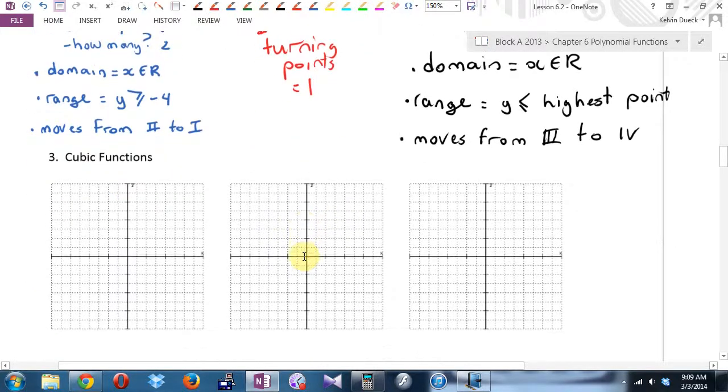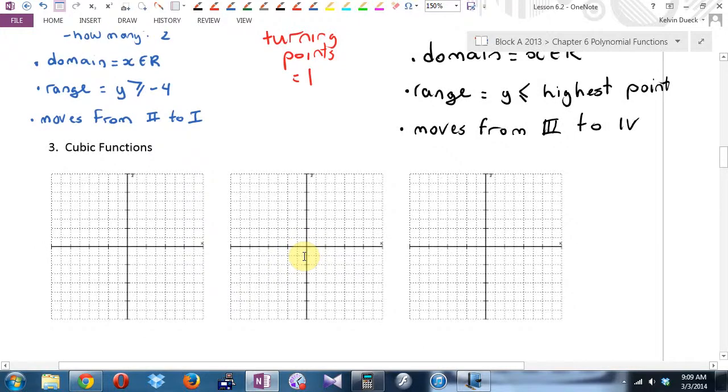Cubic functions. Remember, cubic functions have degree 3.